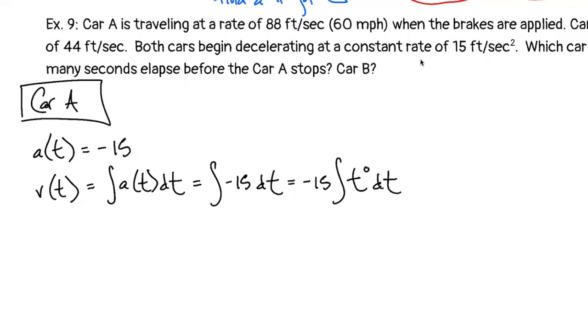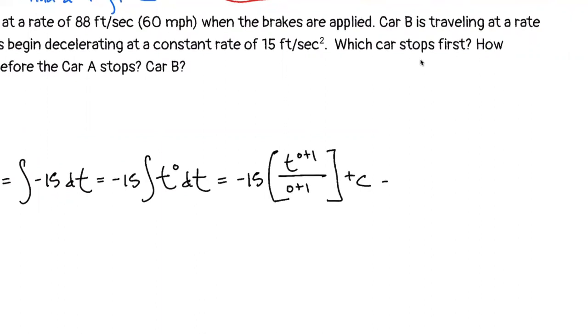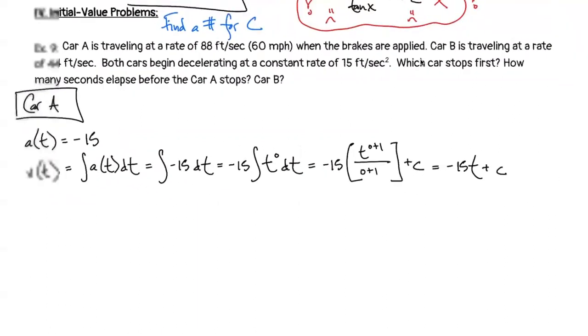This means that I can use the power rule to find the integral, and I get negative 15 times t to the 0 plus 1 over 0 plus 1, plus c, or negative 15t plus c. So I've used what we learned in this lesson to say, I know the acceleration, let me find the velocity function.